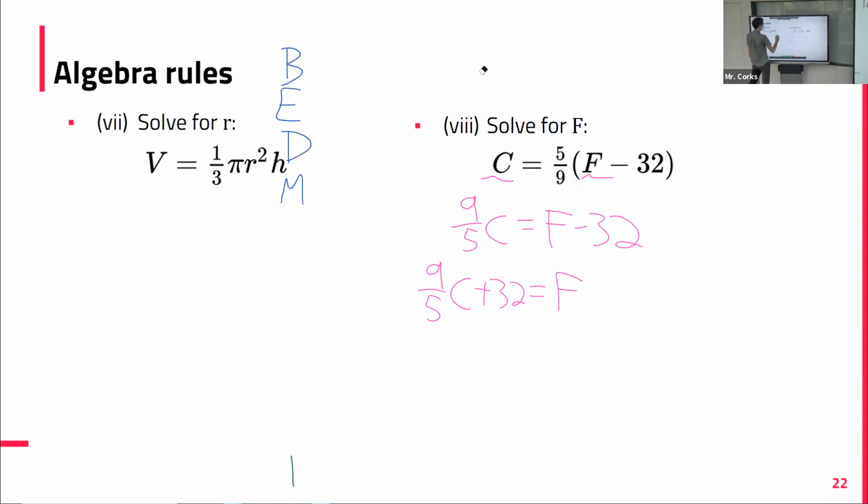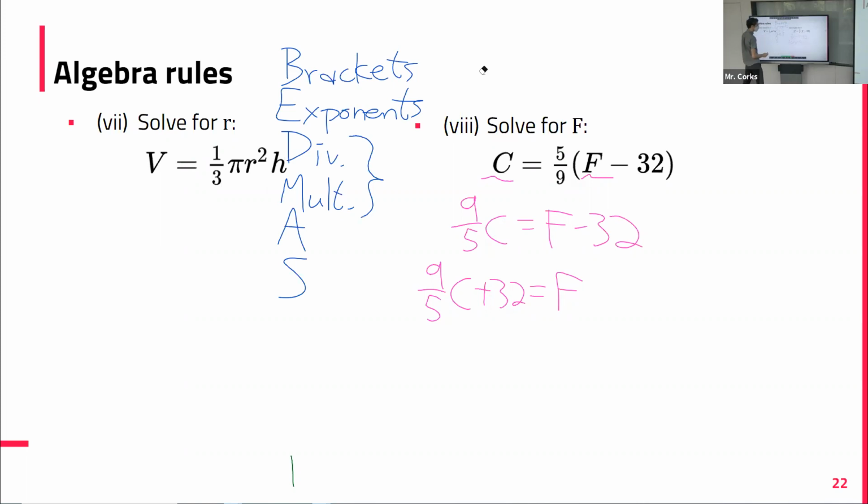In English, it is BEDMAS: brackets, exponents, division and multiplication in the order that they appear, and then addition and subtraction in the order that they appear. So that's the standard way of doing this. I'm sure we all remember, but we work down. We start at the top, brackets first, and then work our way down.